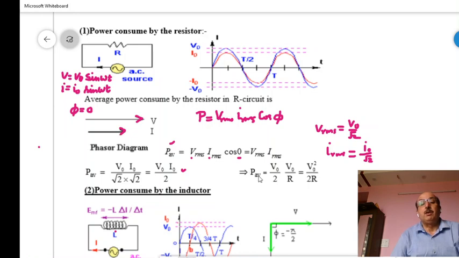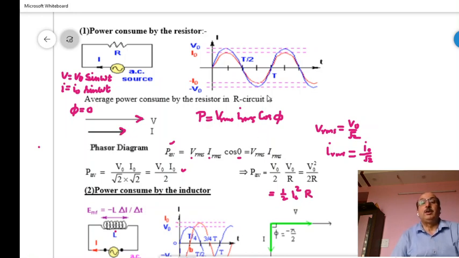It means P average is equal to V naught I naught by 2. Using Ohm's law, I naught is equal to V naught by R. So we will have it is V naught square by 2R, or it is equal to half I naught square R.